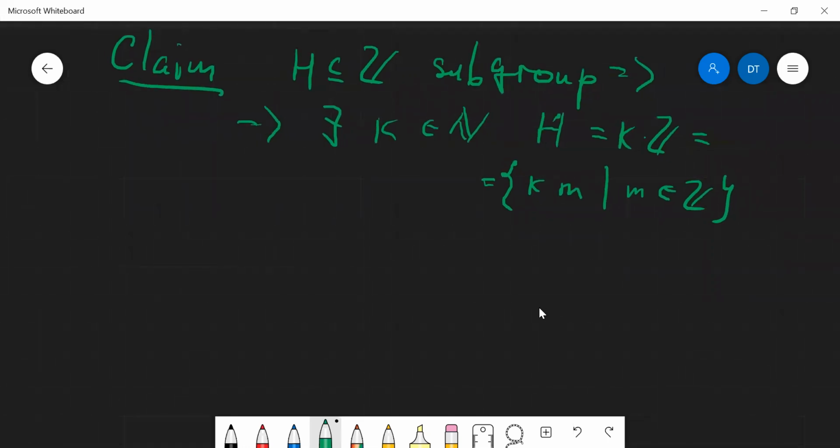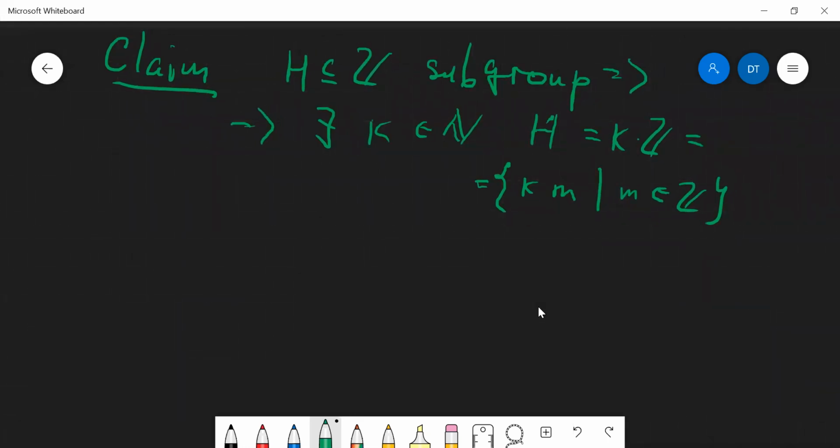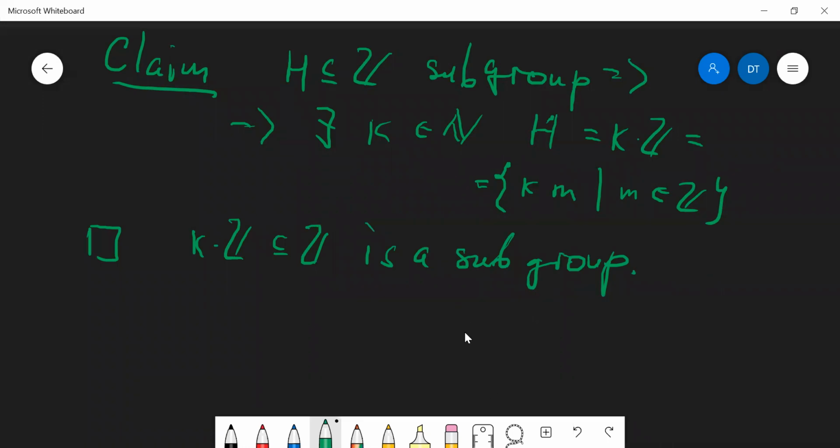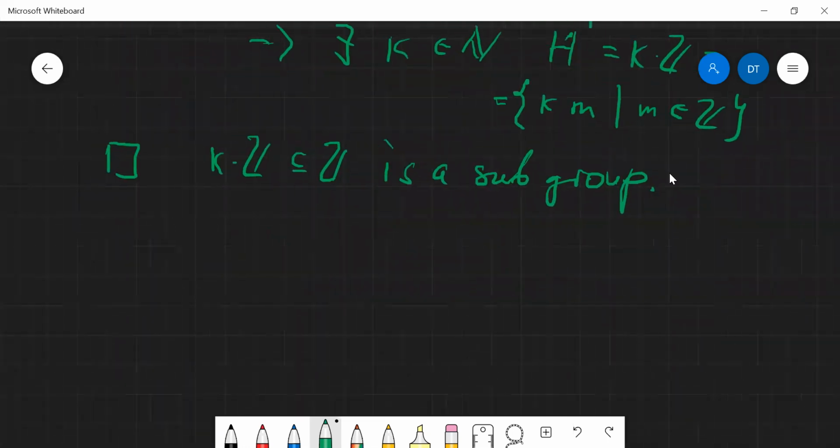And now I want to prove this. First of all, k times Z, this subset is always a subgroup. Does anyone need me to prove this?